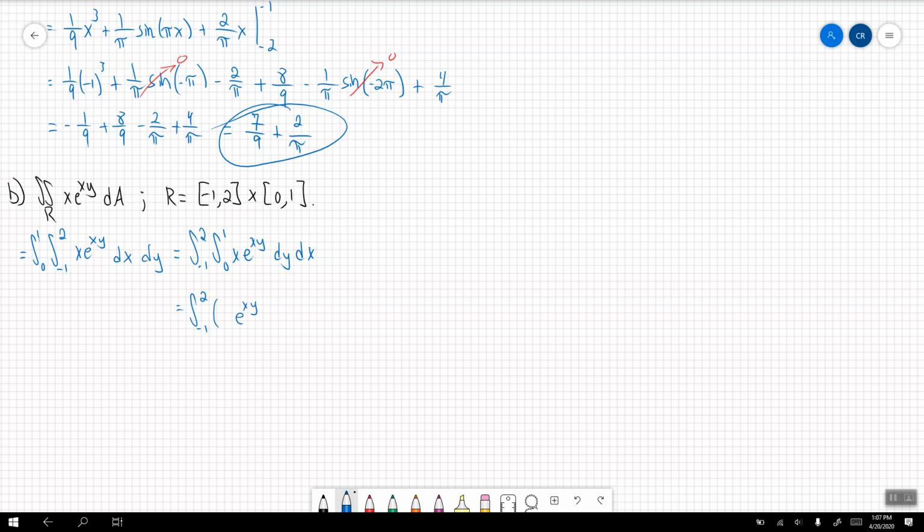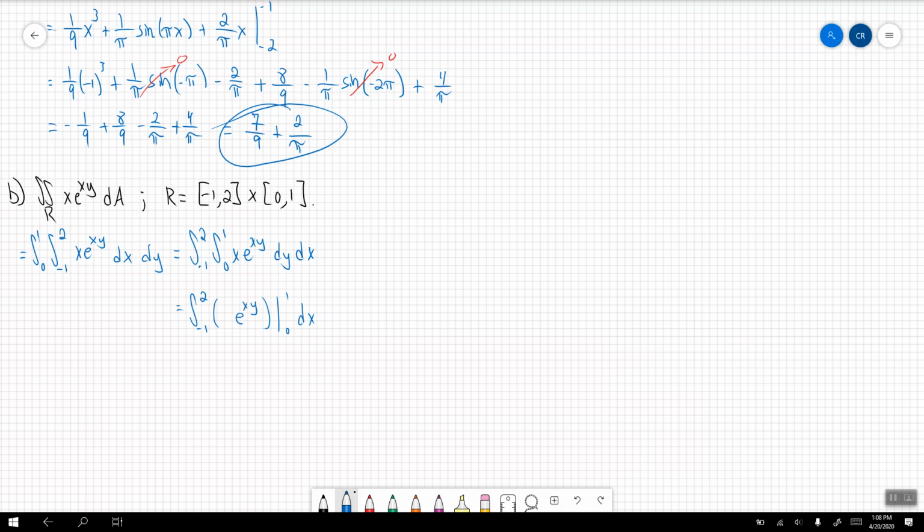All right, looking good so far. And this is all evaluated from 0 to 1 dx. Now, if we take the derivative here, the derivative of e to the xy is just e to the xy itself, but then since we differentiate with respect to dy, we multiply by this derivative. The derivative of x times y with respect to y should just be x itself, and that's what we multiply by.